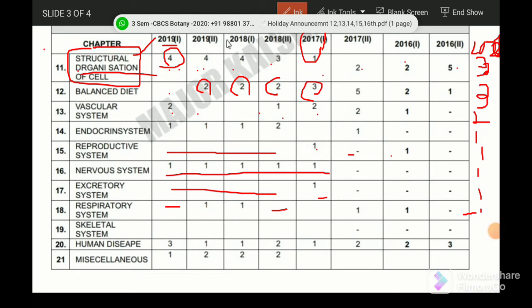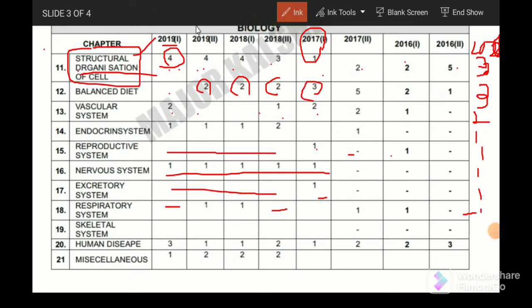Okay, so here we can take it as 1 question. Then comes skeletal system, no question at all, but still we'll consider here 1 question. Who knows if they give for us, we were lucky enough to solve this question.